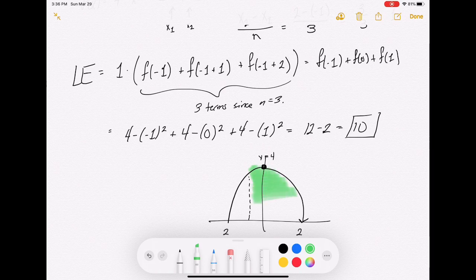When you think about how many squares you could fit in here, hopefully you can agree with me that you can fit about 1, 2, 3, 4, 5, 6, 7, 8, 9, 10.